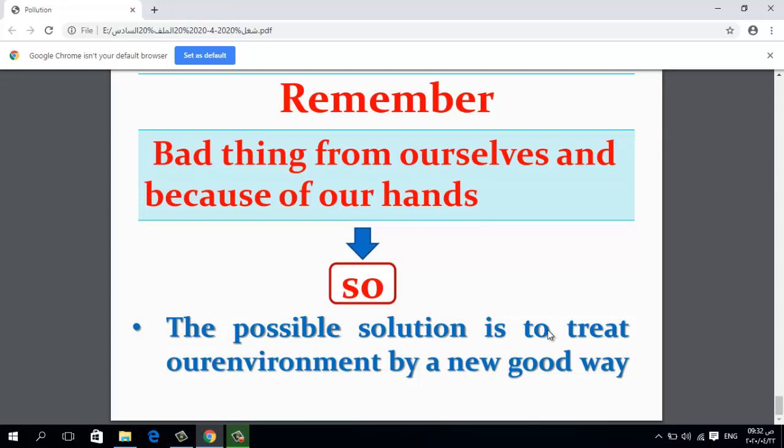If we modify ourselves and modify our way, we can modify our environment, and you can find the solutions by yourself, because you can make the opposite. Whatever I told you really happens, you will make the opposite. That time everything will be okay, as we will reach a balanced economy.